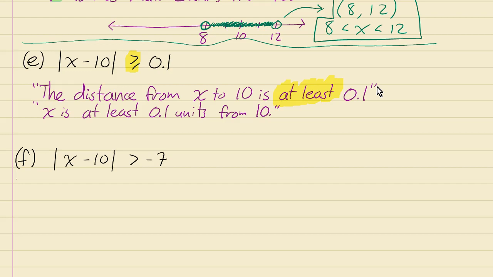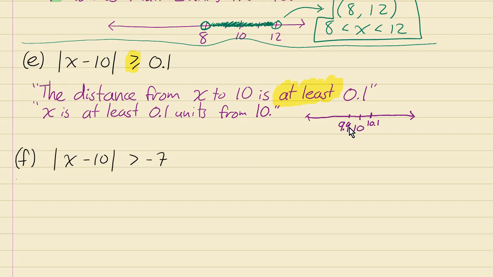So what does that look like on a number line? Let's put 10 somewhere in the middle here. If you go 0.1 units to the right, you'll get to this point, which is 10.1. And if you start at 10 and go 0.1 units to the left, just a little bit, you'll get to this point, which is 9.9 right there.